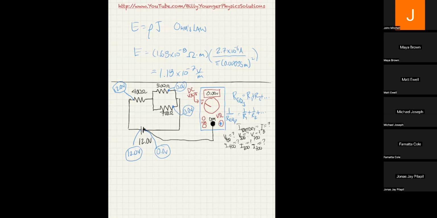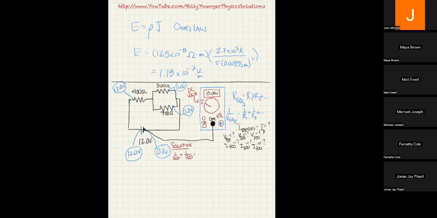So let's start. When I go to attack a system like this, the first thing I do is look for the deepest, most embedded stuff. This one's not a big example, so it's kind of hard, but pretty much the only thing you can start with right now is the two that are in parallel. So I take the two in parallel, and what I end up getting is, let me change to red so I can say I'm working on a solution, 1 over R equals 1 over 500 plus 1 over 700.